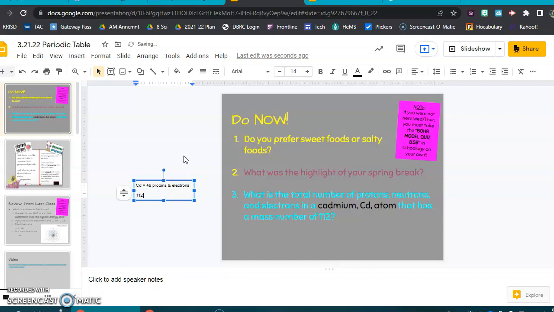And then I take the 112 mass, I subtract 48, and I come up with 64, and that's my number of neutrons. There we go. All right.